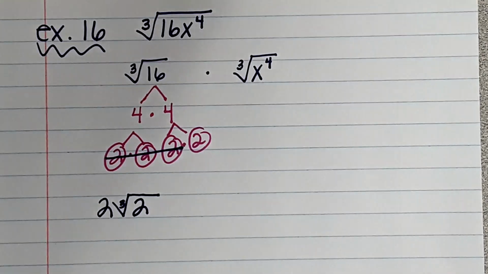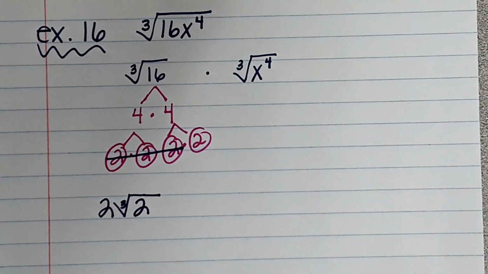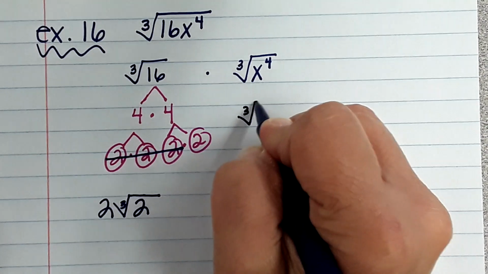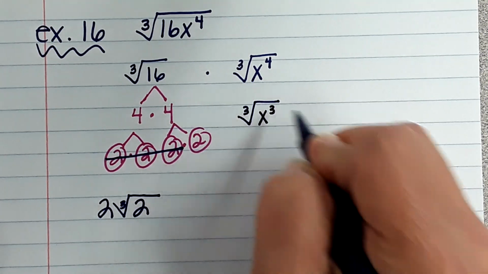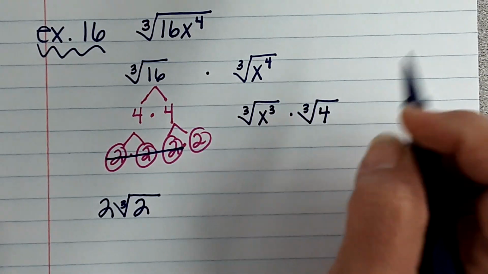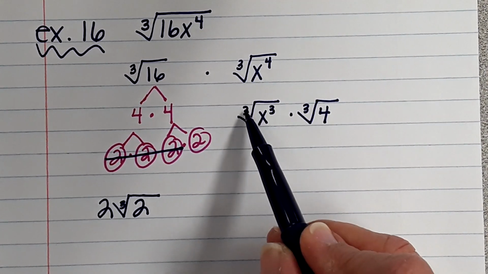Now we're going to worry about the x to the fourth. I have the cube root, so 4 divided by 3 doesn't work. Is there a multiple of 3 that is less than 4? 3. So we're going to break it up into the cube root of x to the third times the cube root of x. What is 3 divided by 3?